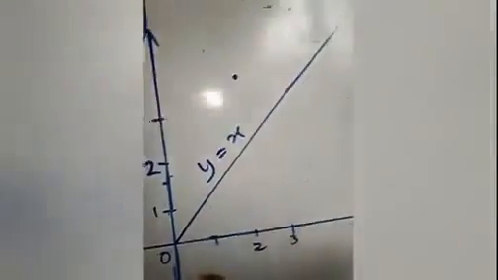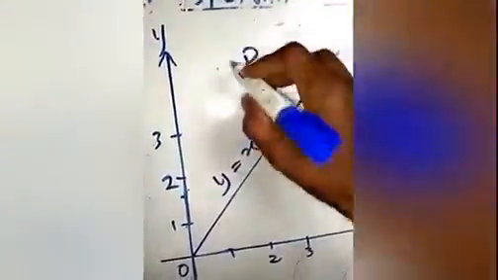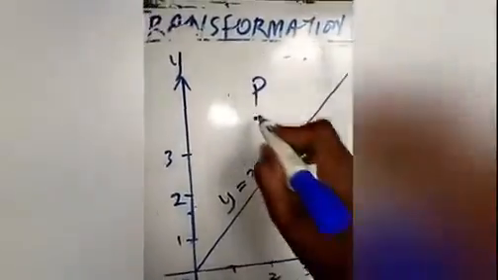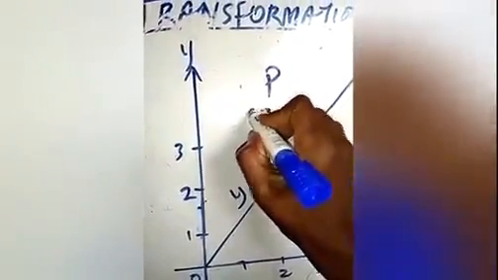So if I have a point here as my P, with coordinates x comma y, this will go toward this side.